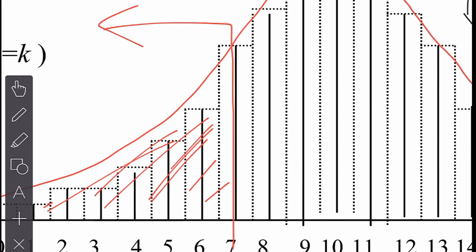So instead of estimating the normal distribution starting here, if I want to go less than 7, I need to consider this. This is also part of the 7th outcome. So how do I do that?